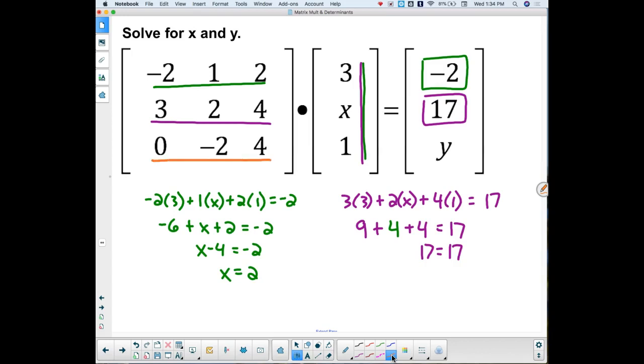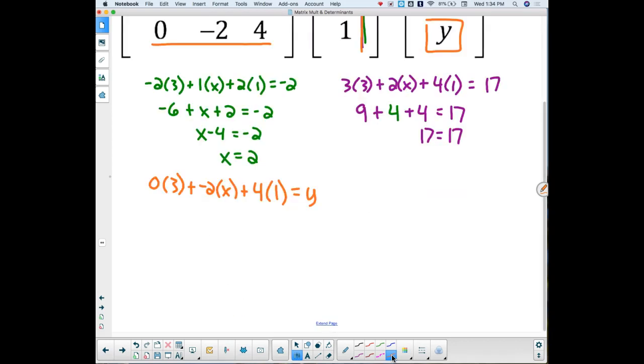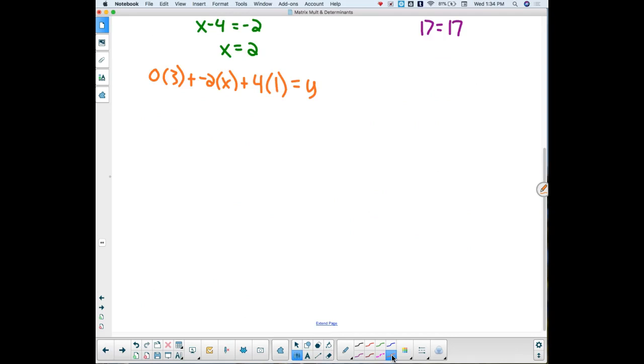Third row times the first column has to be that value right there. So that would be 0 times 3 plus -2 times x plus 4 times 1, and that has to be y.